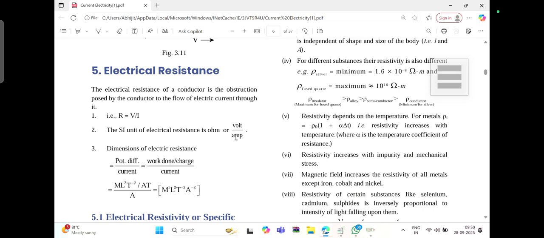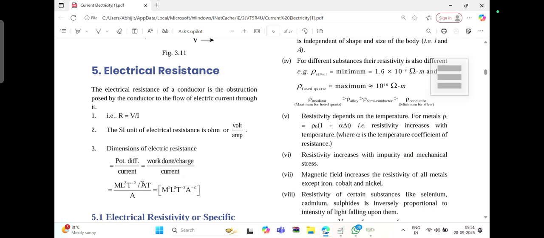Dimensions of electrical resistance. The potential difference, that is voltage, equals work done upon charge. It was studied in our classes when we completed the topic of potential difference. Work done upon charge by current.